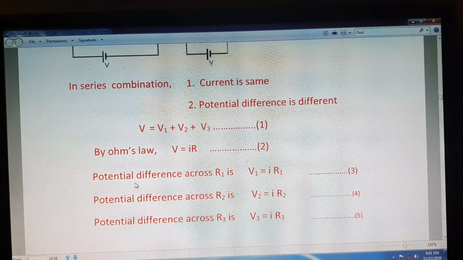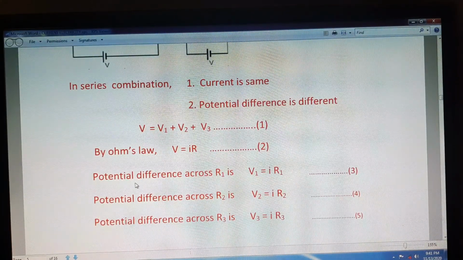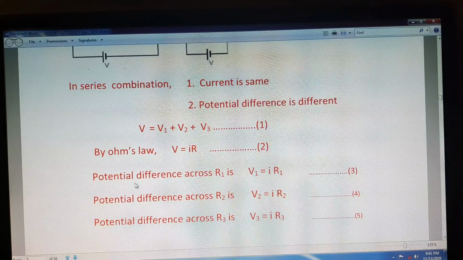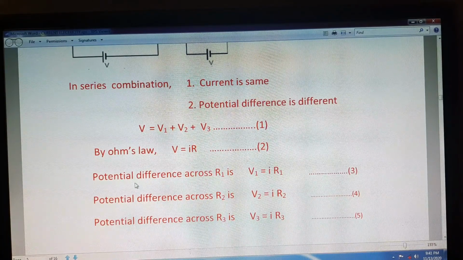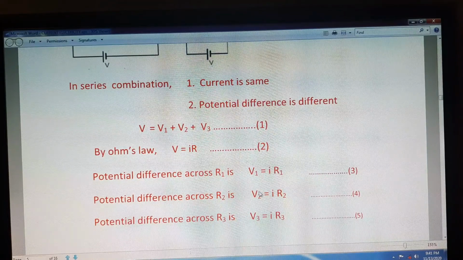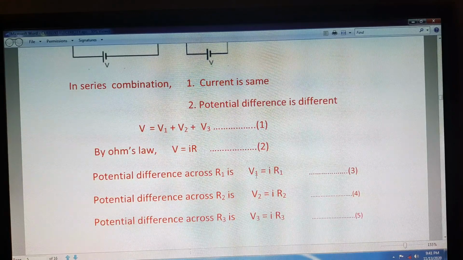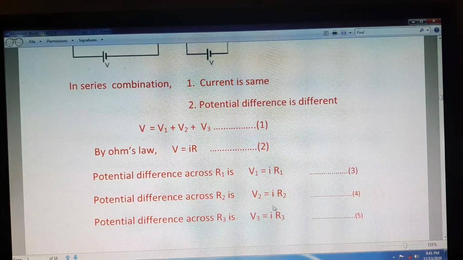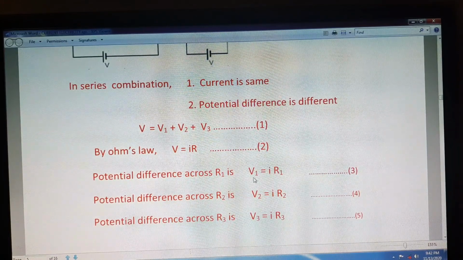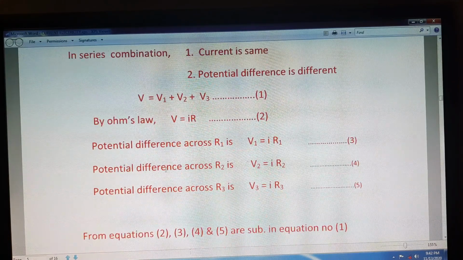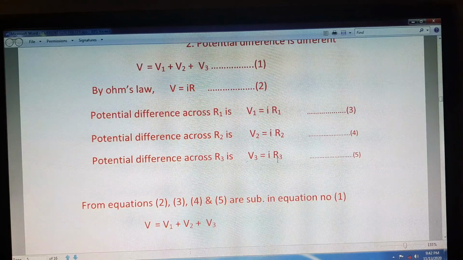Now the potential difference across R1, by Ohm's law V equals IR: V1 is equal to I times R1, since the current passing through all resistors is the same, represented by I. Potential difference across R2 is V2 equal to IR2. Potential difference at R3, V3 is equal to IR3. These are equations number 3, 4, and 5.